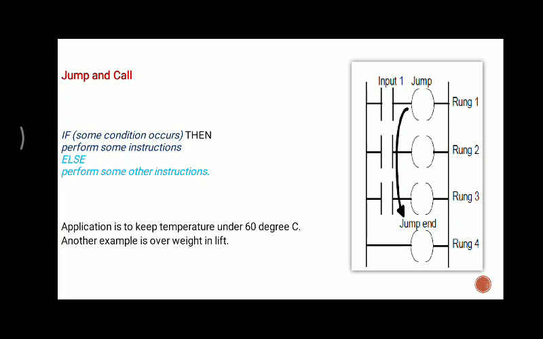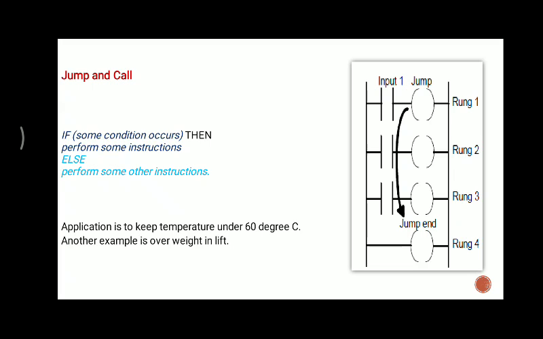You can think about the example of overweight in a lift. Suppose the lift limit is 1 ton. If it is 1 ton, it will be sensed over here. If it is below 1 ton, then the door will close, the motor will start, and it goes on working.